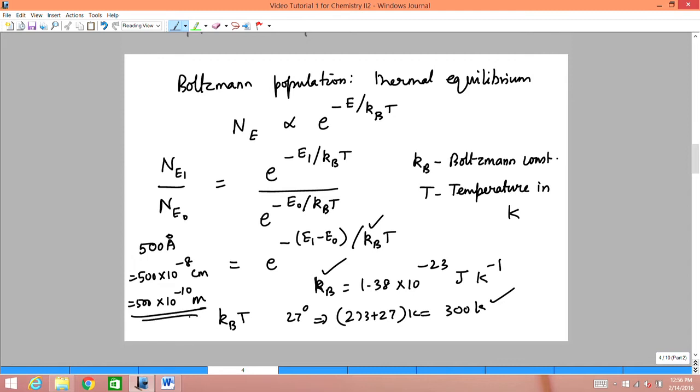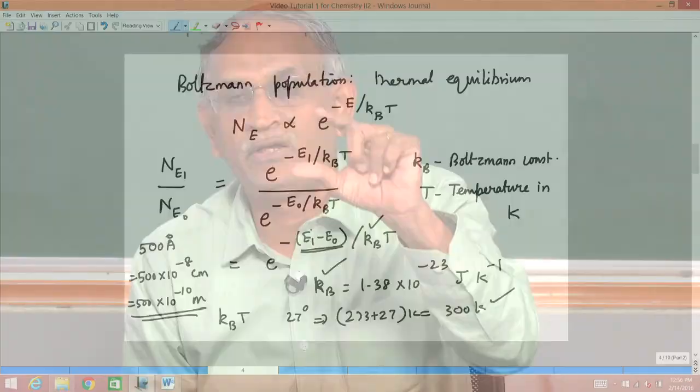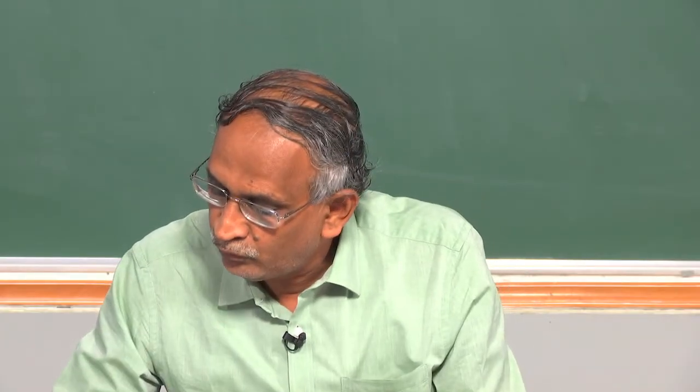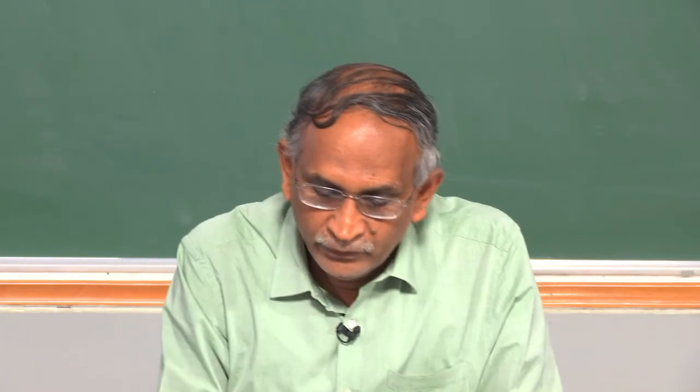You have to use SI units and therefore convert everything into meters, seconds and joules. If energy is given in electron volts, convert that into joules. If the energy is given in calories, convert that into joules, and then it's easy to use the SI unit and calculate the ratio exponential minus (E1 minus E0), that is delta E corresponding to this number.